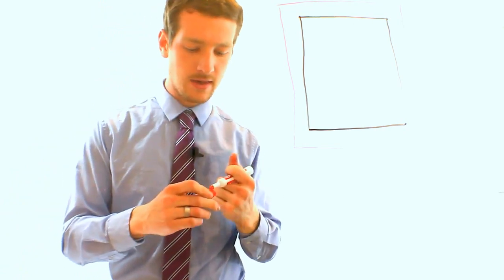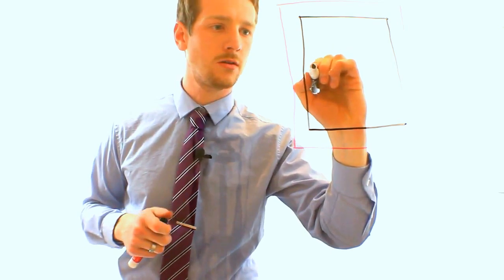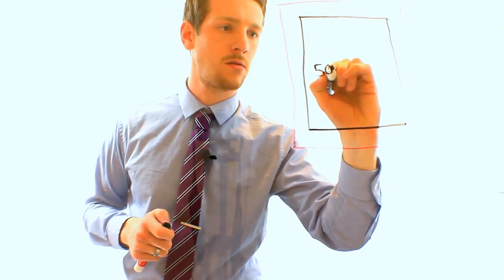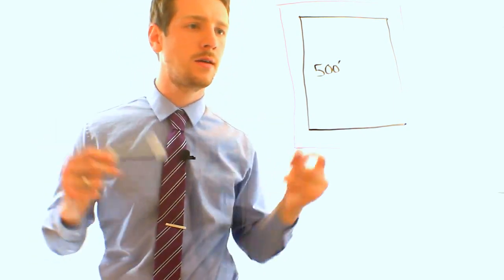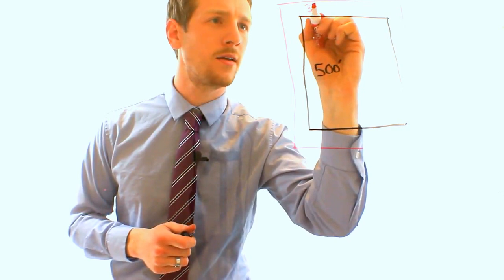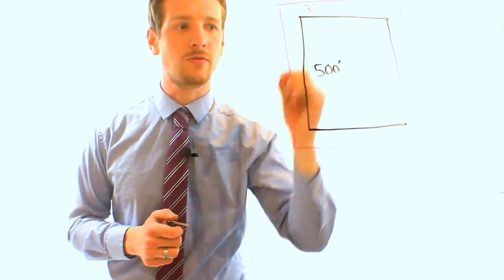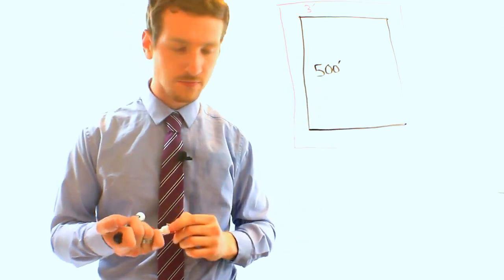And what if I said that the block is 500 feet long? And the sidewalk is 3 feet wide. So this area right here, from here to here, is going to be 3 feet. And I know it's not drawn to scale, but you get the idea.